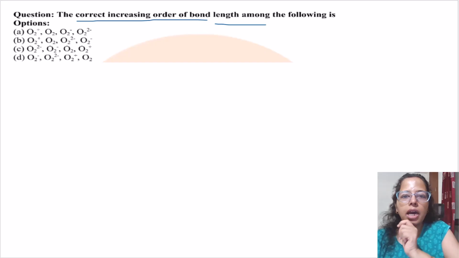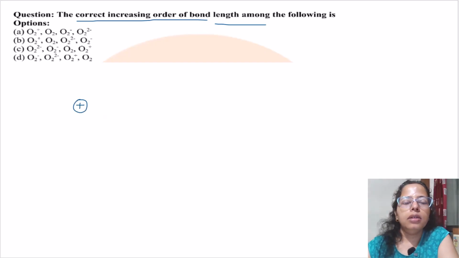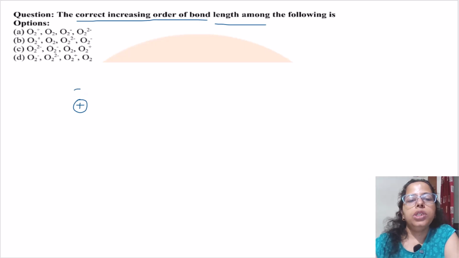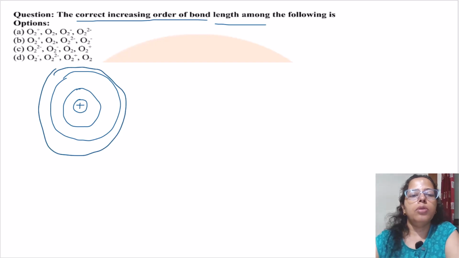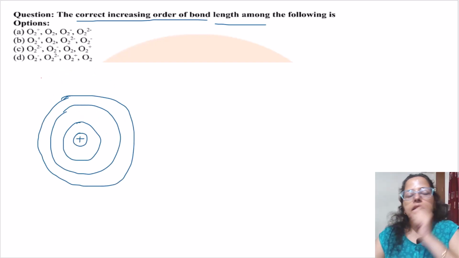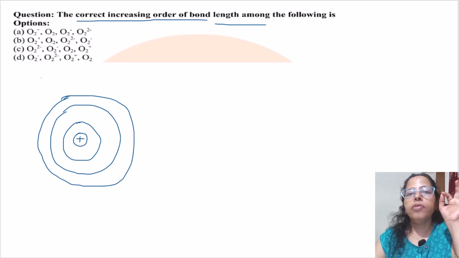So if you have some idea regarding the ionic radius or bond length, consider the atom which has a central nucleus containing positive charge, and then we have the electrons surrounding it. Now let's discuss what happens in case of an anion.